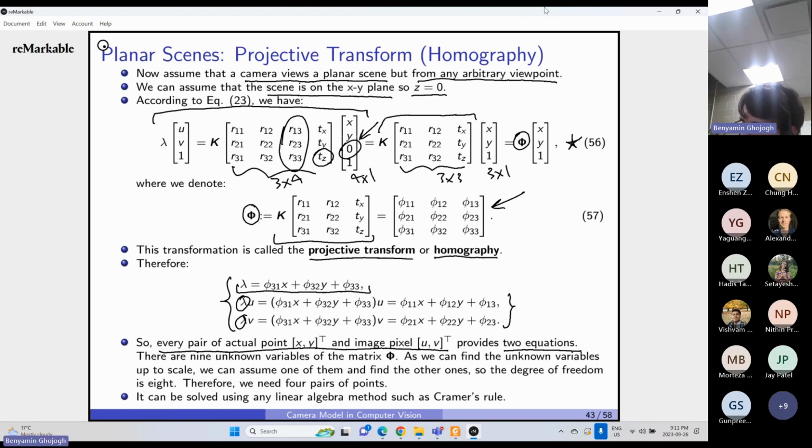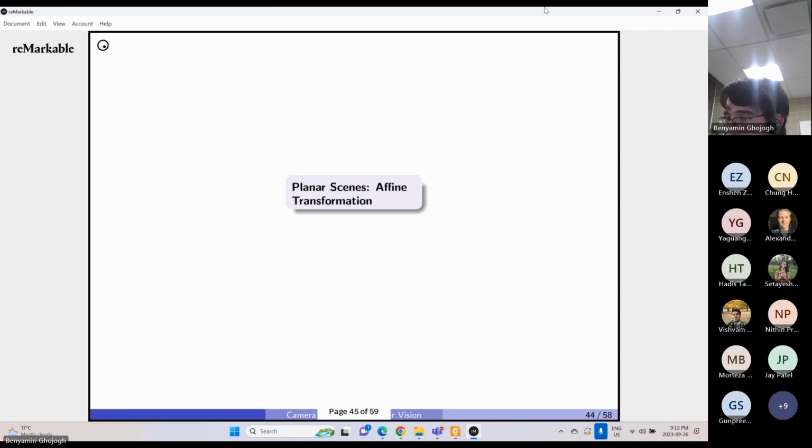Every pair gives me 2 equations. Therefore, we need 4 pairs of points to find phi. And it can be solved using any technique such as Cramer's rule.